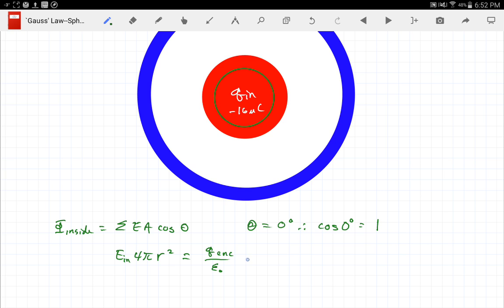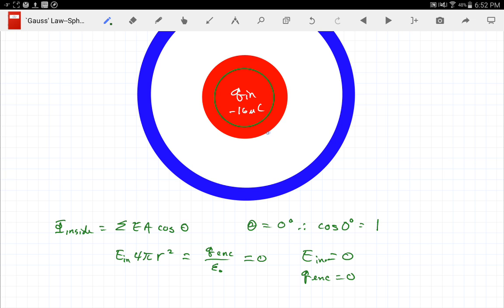So the net charge inside is 0, the electric field inside is 0. Those have to go together. So we have electric field inside is equal to 0. The charge enclosed is equal to 0. Well, that was trivially easy. Would that it was that much easier always.